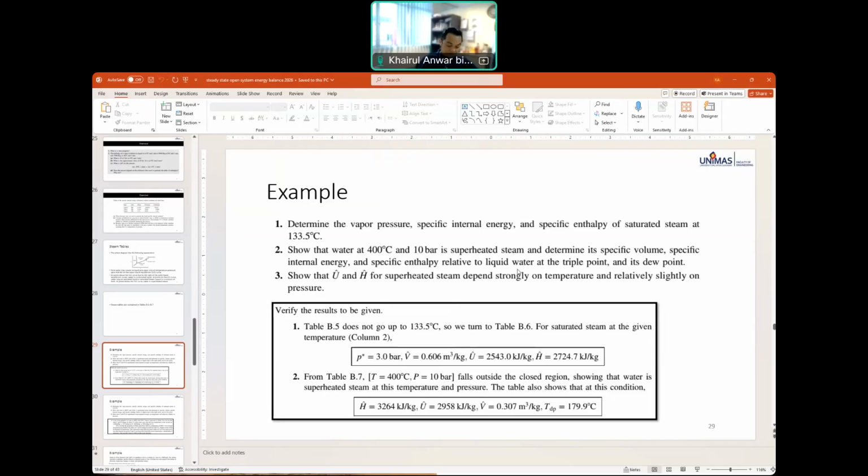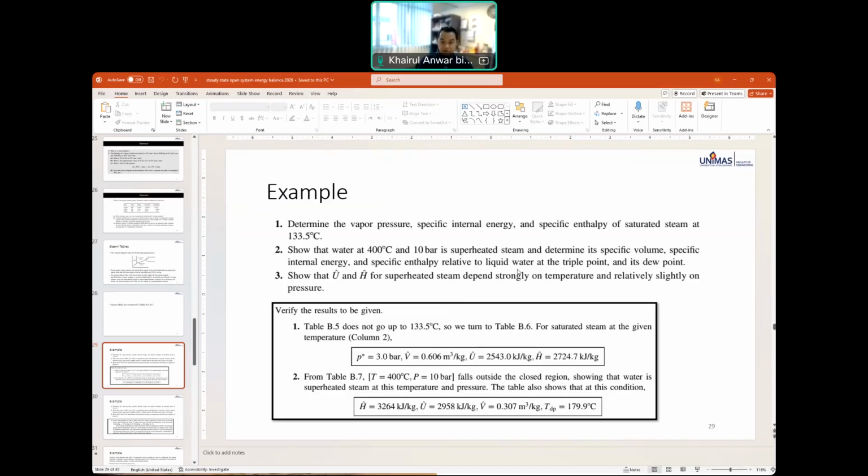For the specific volume, this is for the steam, so it's 0.606 cubic meters per kilogram.